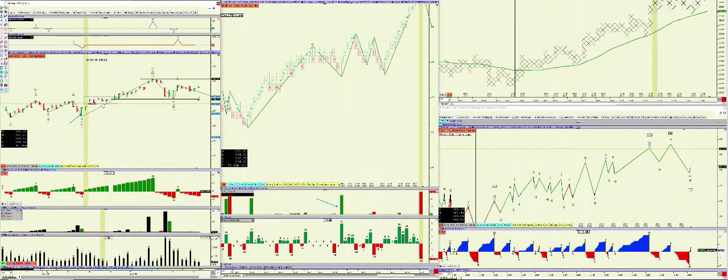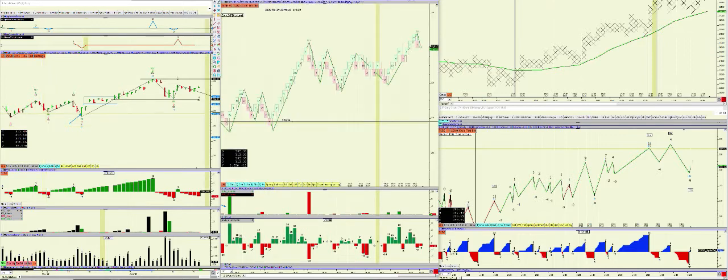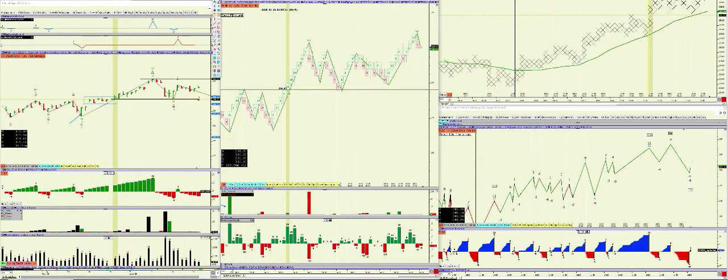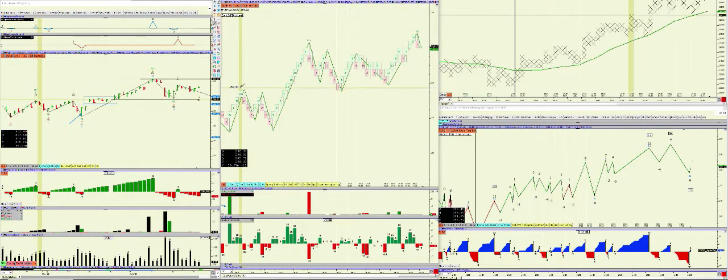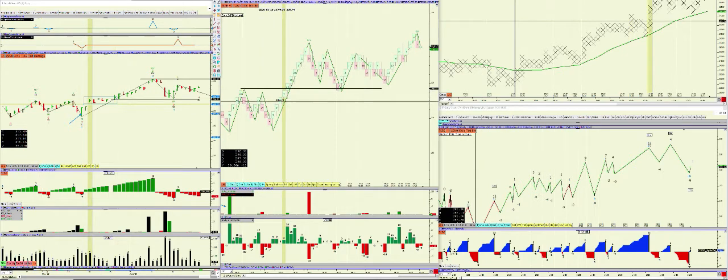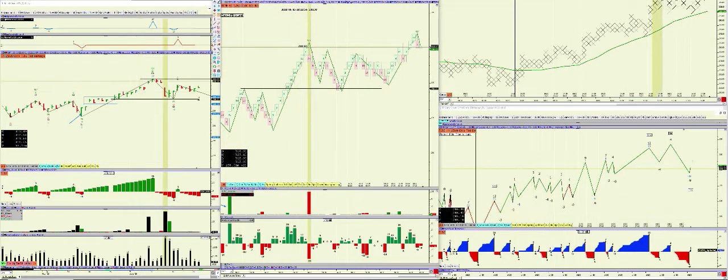So that right there, this box was right here, 2,600 million shares absorbed. 2,600 million shares absorbed at that area, and it's having follow through, and it's going higher, right?